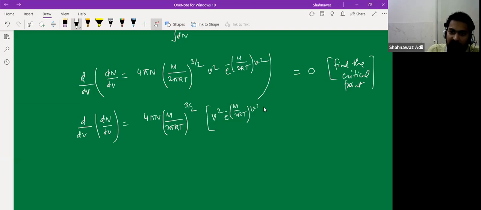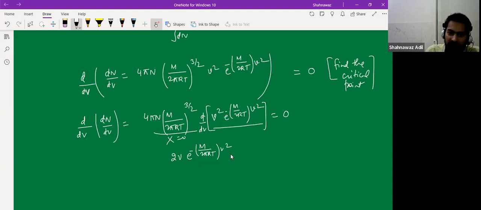We have to put it equal to 0. So we have to calculate d by dv. This will be 2v e to the minus m v square by 2 rt, and then plus this guy is left.